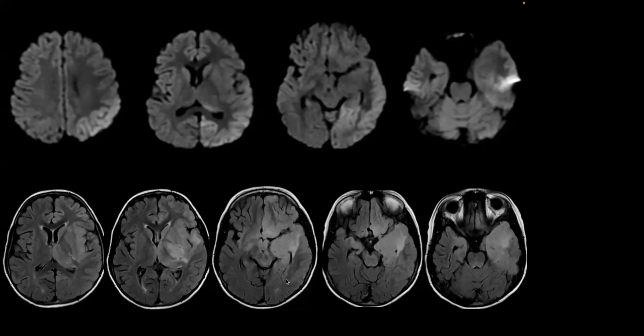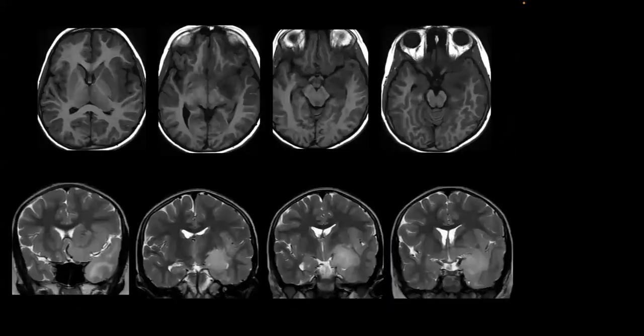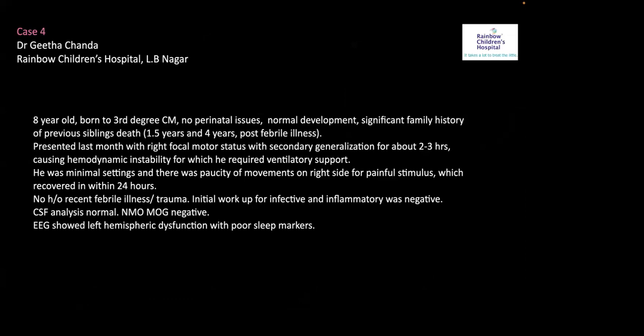What's the story? Just acute, I'm sorry I joined late. Geeta, do you want to just. So this previously normal child presented with right focal motor status. The status was there for about 2 to 3 hours, needing ventilatory support, and after that he had a paucity of movements of the right side, but recovered within 24 hours.